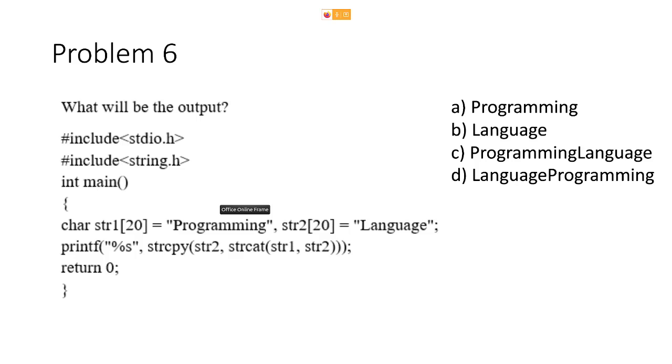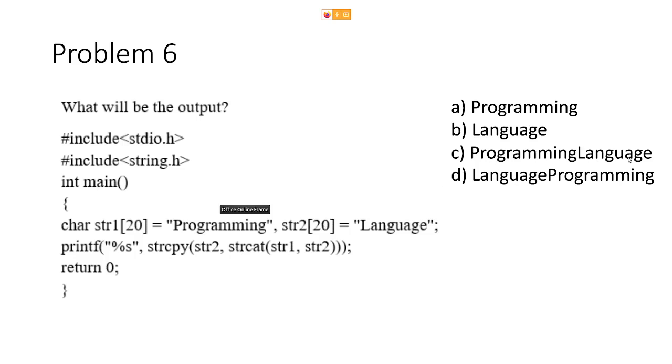Okay. Yeah, so option C is correct because strcat is the string concatenation function. It takes the two strings given as input and concatenates them, that is, it just joins them without adding any new characters. So what this returns is a new string, which is programming language.